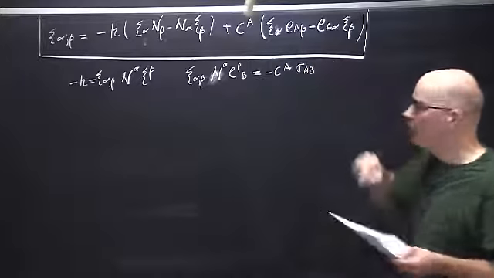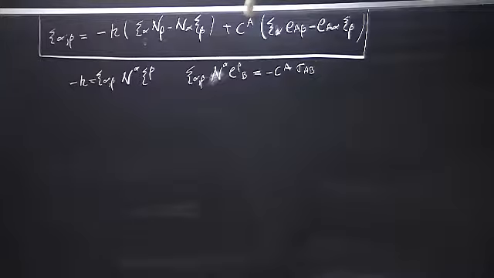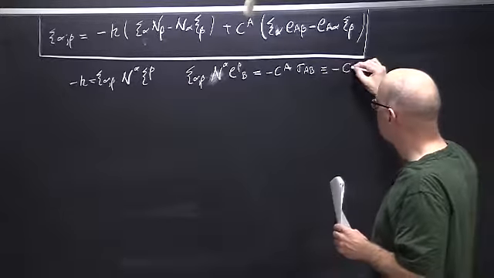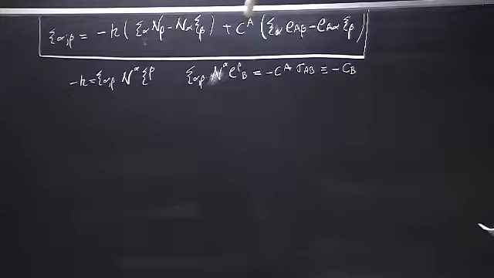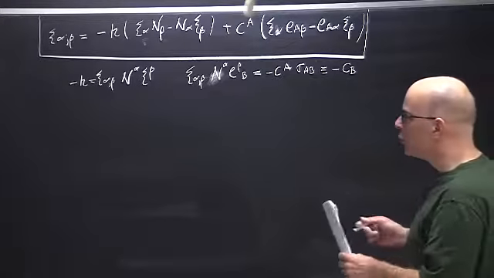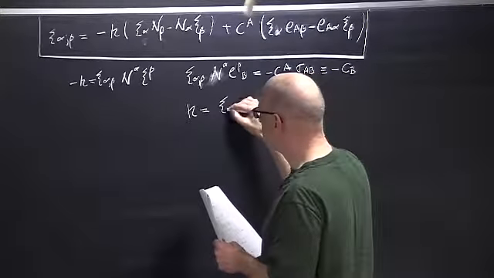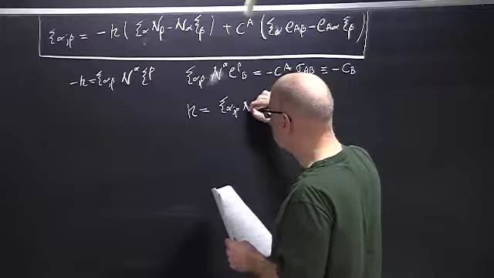Right? So that I can call CB. I can lower the index using the induced metric, and that simplifies the notation. So what do I have of all of this? I have a convenient expression for kappa, with a minus sign.